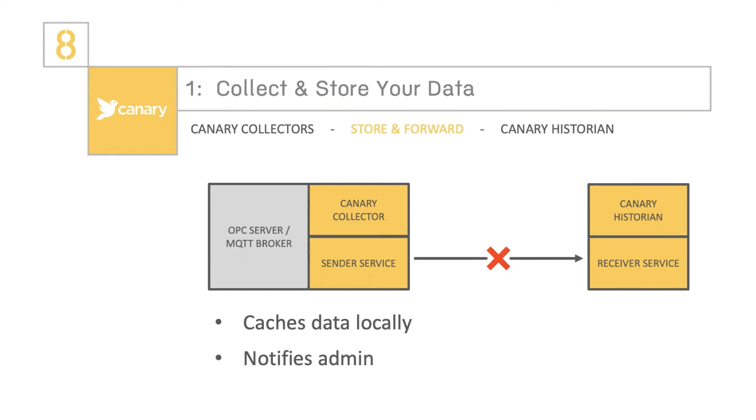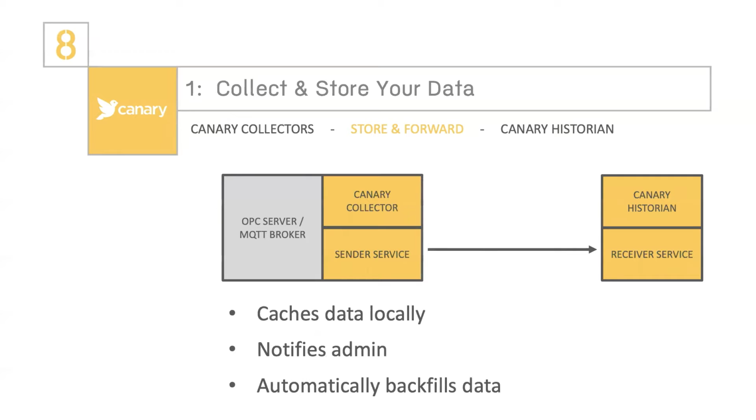When the connection comes back on, we will automatically take that cached data that's locally on that box and push it through, and it will automatically backfill the lost data. So we can cater for a break in network communication.